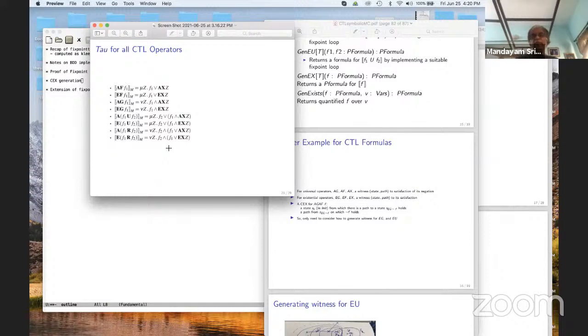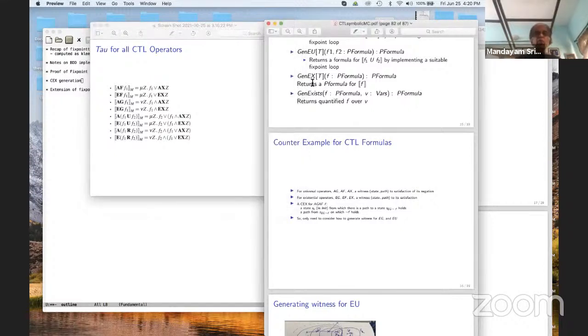I'm showing this table just to show you that every CTL operator can be implemented as a fixed point computation just by using EX and AX, and that's why you get this.